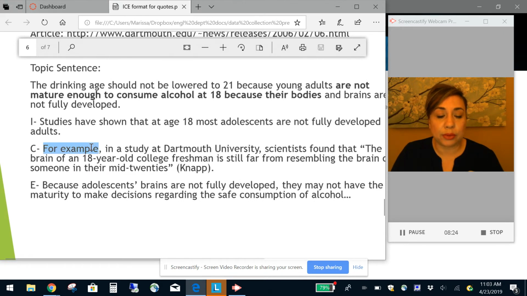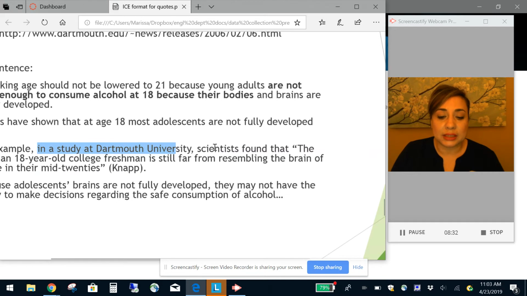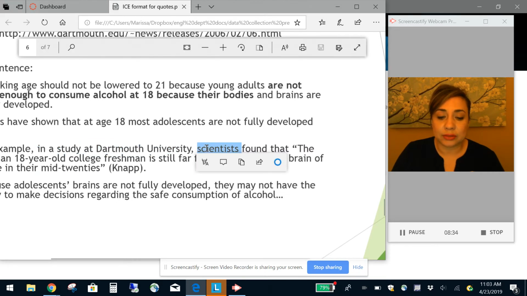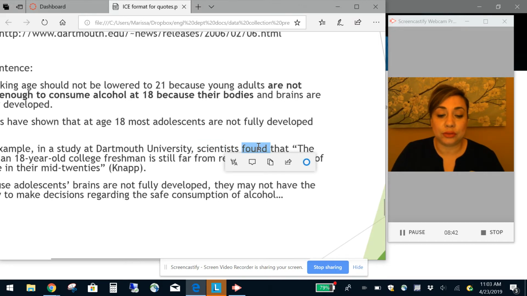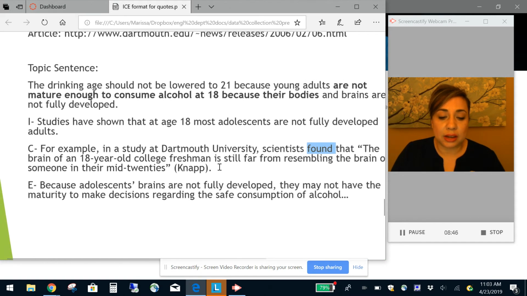For example, okay, there's our transition. In a study at Dartmouth University, we have our indicator. Scientists, okay, there's your who said it. Found, there's our verb, okay. And then, of course, there's our quote, and then there's our citation.